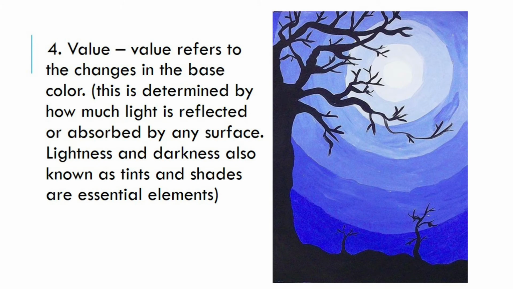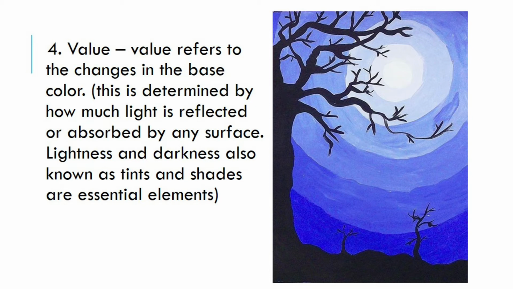Next element is the value. The value refers to the change in the base color. Here's an example that emphasizes the element of value. It determines the light or how much light is reflected or absorbed by any surface.